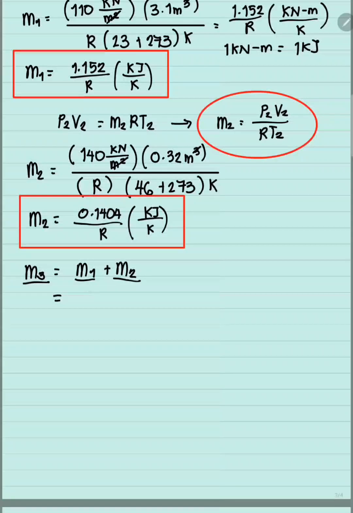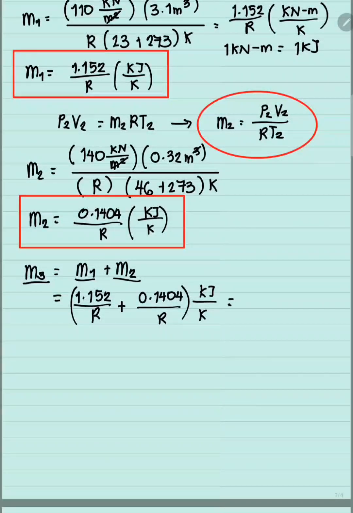So we have 1.152 over R plus 0.1404 over R with the units of kilojoule over Kelvin. It will be equal to 1.2924 over R with the unit of kilojoule over Kelvin. Now, we have our M3.